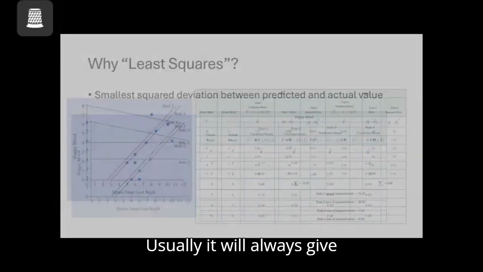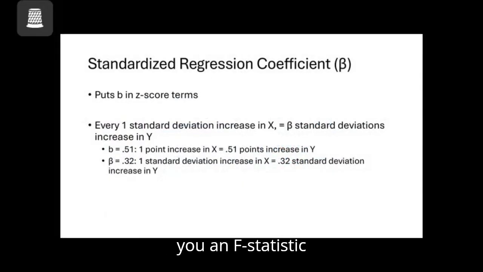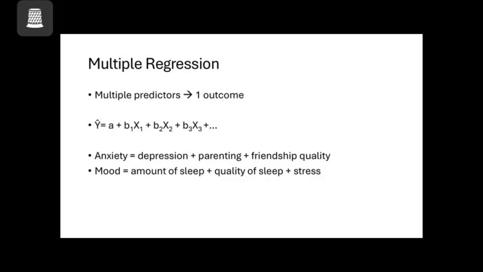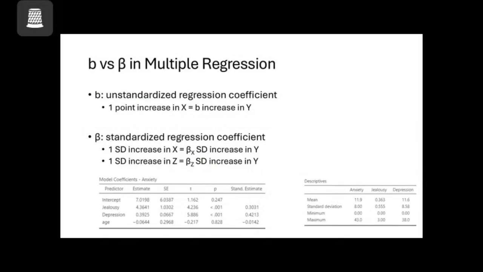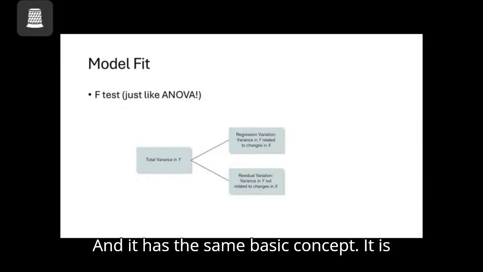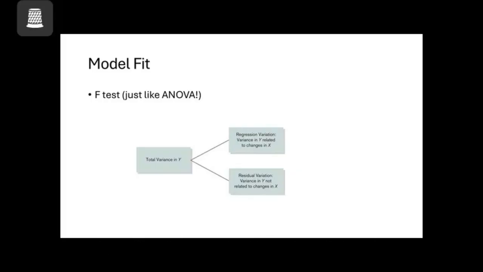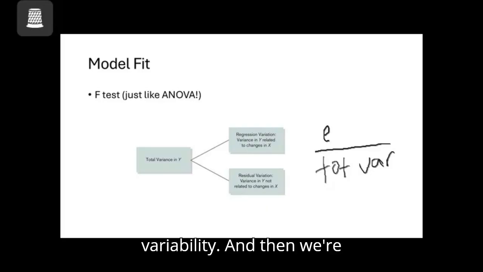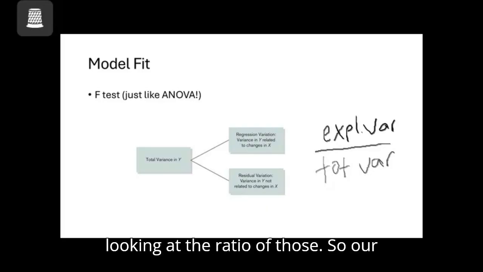Usually, it will always give you an F statistic, just like the ANOVA did. And it has the same basic concept. What is the total overall variability? So we have the total variability over the explained variability, and then we are looking at the ratio of those.